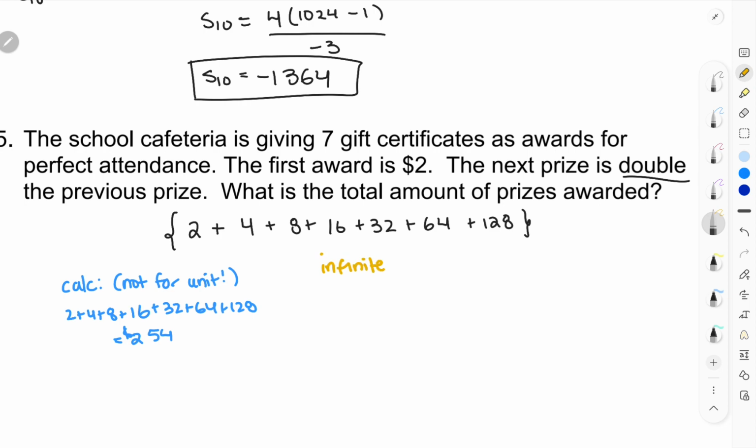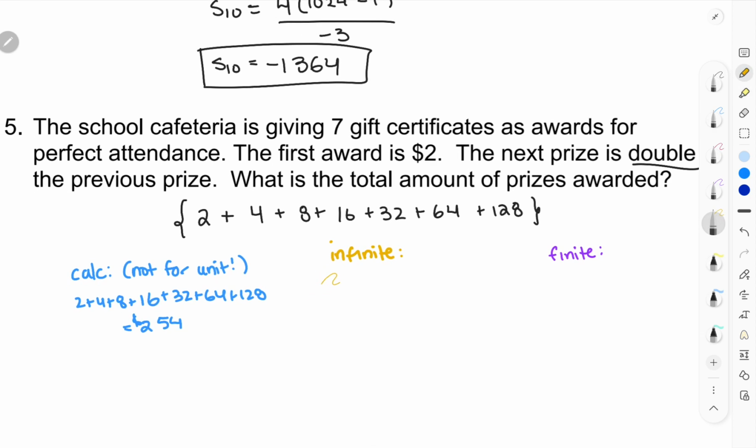Because I went to the process of writing out every term, I could do this as an infinite series or a finite series. And let's do all 3 just to check our work with each other. So using my series formula, the sum of these 7 terms is found by taking the first term, T1, multiplying by R to the power of n minus 1, where double means an R value of 2, times 2 each time.